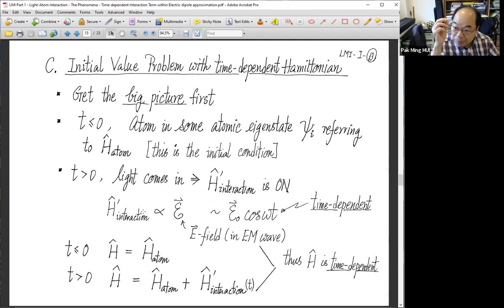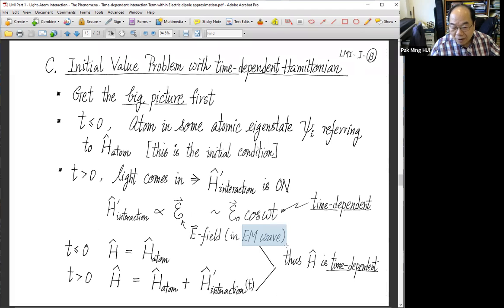Namely, there must be something in this H prime that has to do with the electrons in the atom, and then there must be something in this H prime that has to do with the incident EM field. Only then it is describing atom-light interaction. Logic, right? Simple.